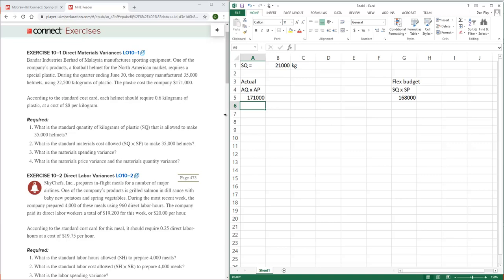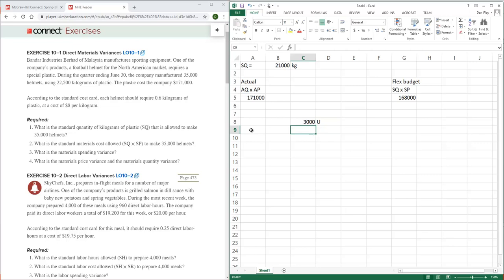So that overall spending variance, again, we're comparing the actual result, the $171,000, to what would be in that flex budget, the $168,000. So just to be explicit, 171 minus the 168, that's $3,000, and because the actual spend is greater than what we should have spent, we'd say that's an unfavorable spending variance.